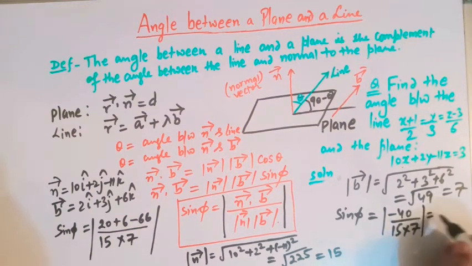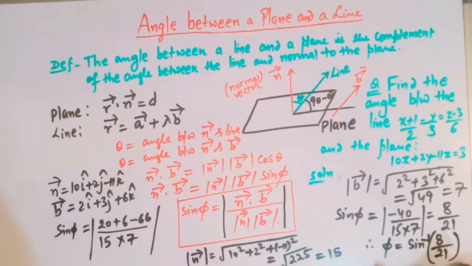If we simplify it we get 8 by 21. So phi is sine inverse 8 divided by 21. This is the required angle between this line and this plane.